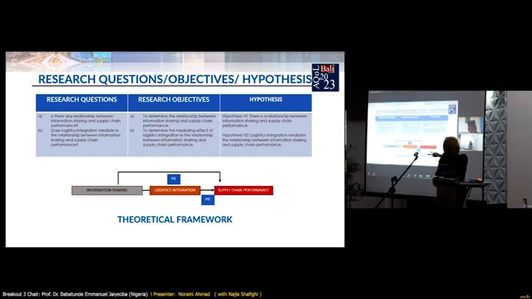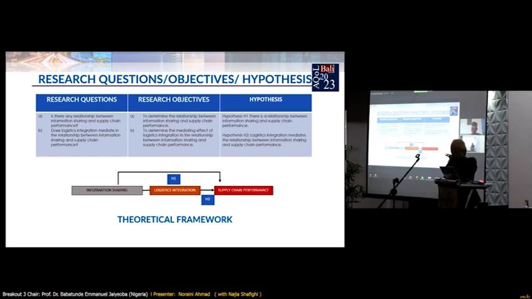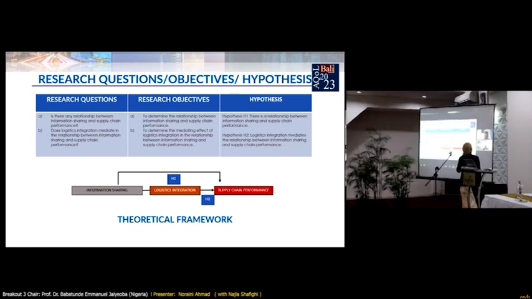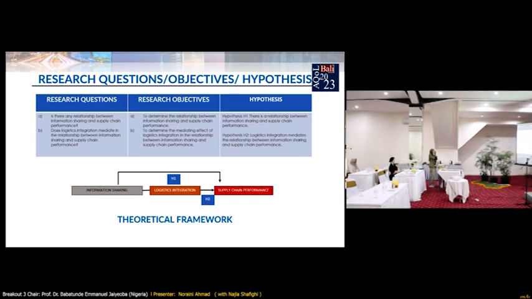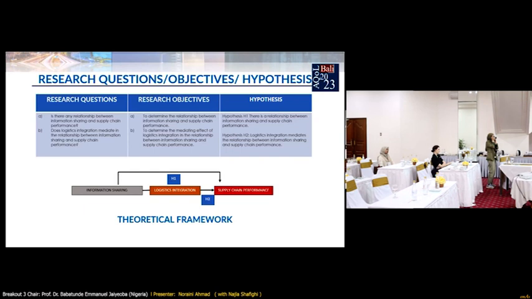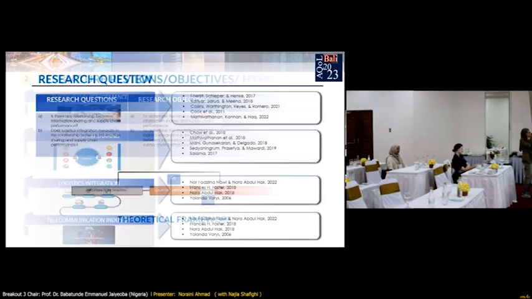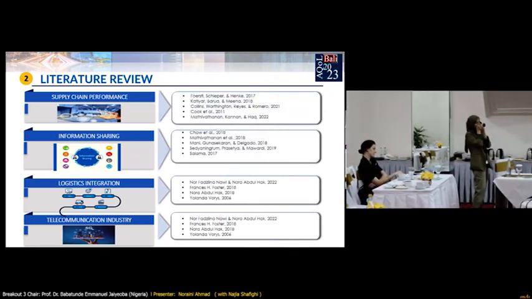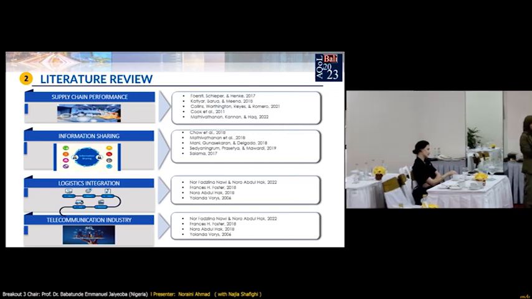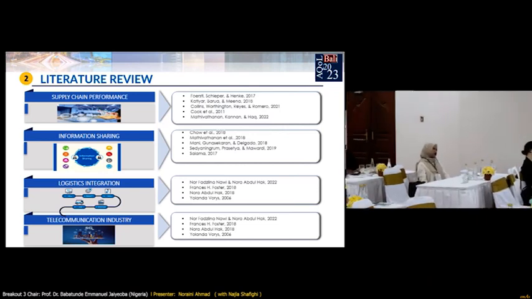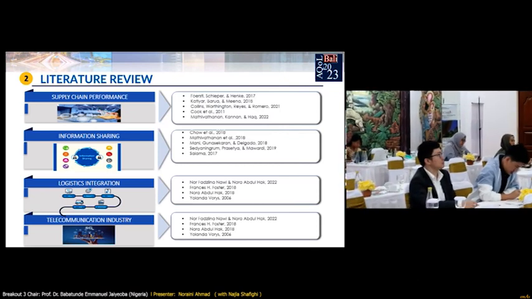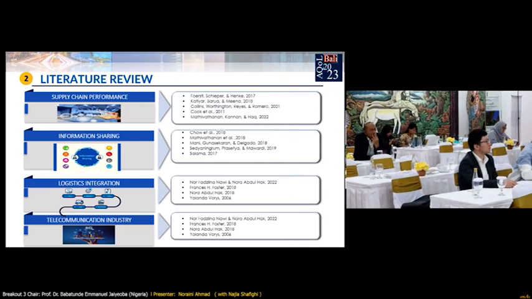So the research objective number 2 is to determine the mediating effects of logistics integration in the relationship between information sharing and supply chain performance. This is my literature review. In our full paper, we discuss a lot on supply chain performance, information sharing, logistics integration, and the telecommunication industry.